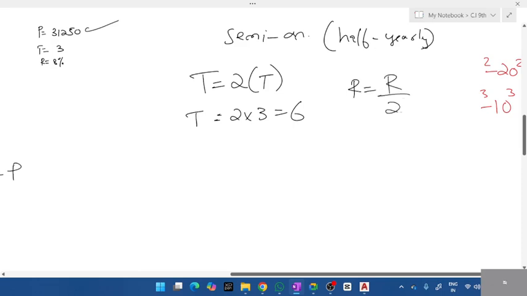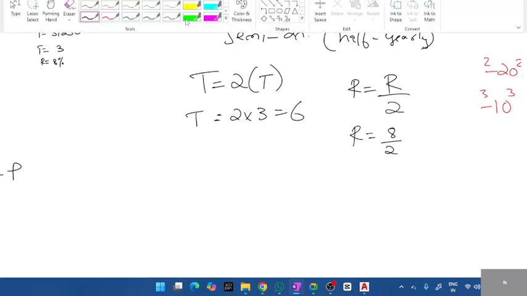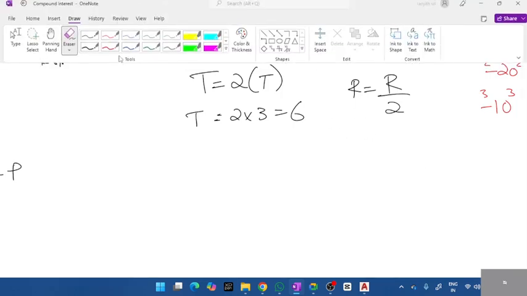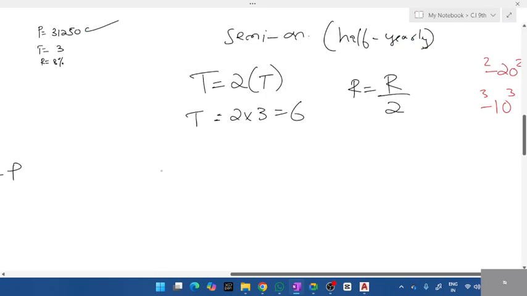Rate. What's the formula we use for half yearly? R divided by 2. So what is the rate given? 8 divided by 2. Now look here, I'll teach you how to find semi-annual. If it is semi-annual, for every 6 months, the formula is the same. Compound interest is equal to, principal will not change.